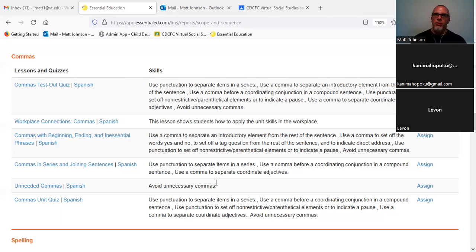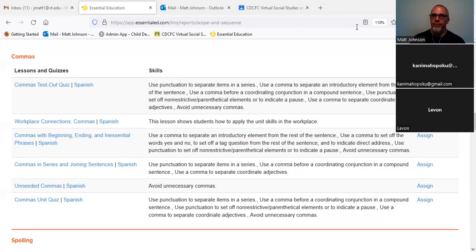Last Tuesday, we had a heat wave in Columbus. Last Tuesday, comma. Those are types of introductory elements. They can be a single word. They may be an entire phrase. Use a comma to set off the words yes and no, to set off a tag question from the rest of the sentence, and to indicate direct address.